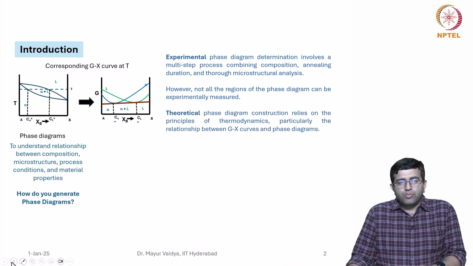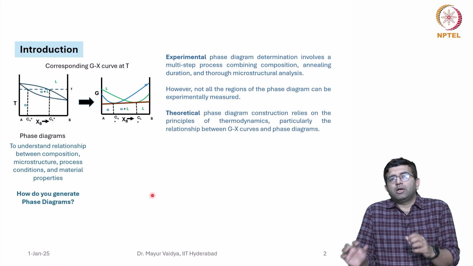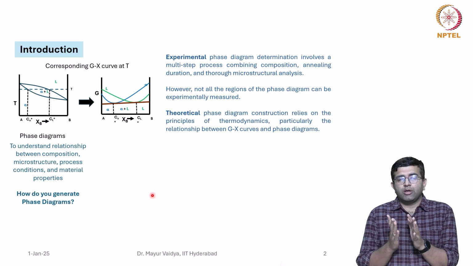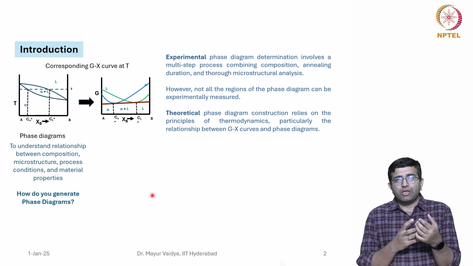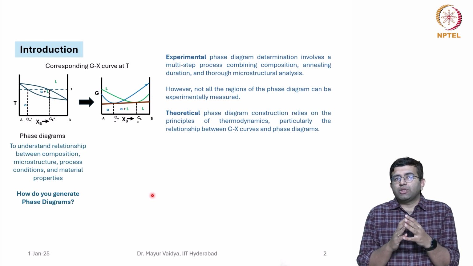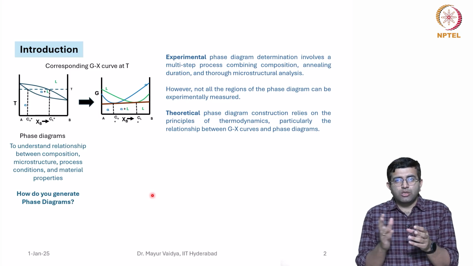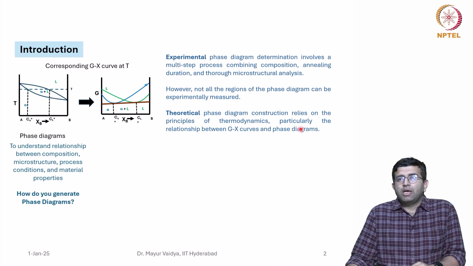So, theoretical routes are what people try to look at, which can help you generate these phase diagrams by using some computational techniques. This theoretical phase diagram construction basically relies on the principles of thermodynamics.